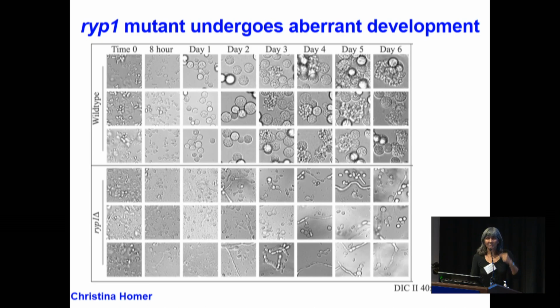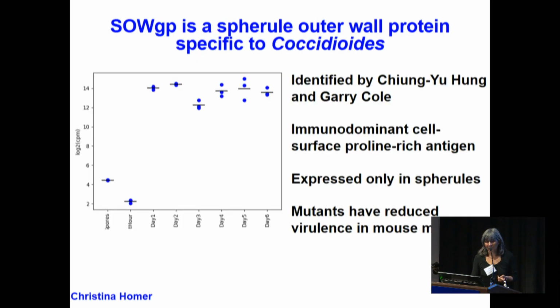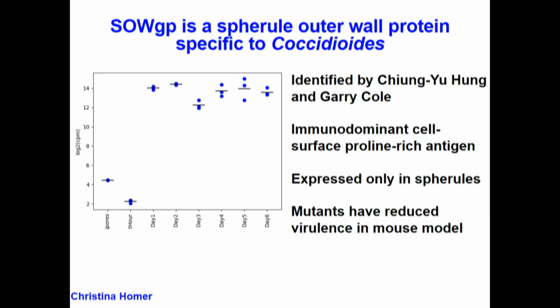but I want to give you an example of how this type of work helps us pick out potential virulence factors. To do that, I'm going to talk very briefly about a virulence factor that was identified previously in the literature. This is a protein many of you are familiar with, SOWgp, which is spherule outer wall glycoprotein.